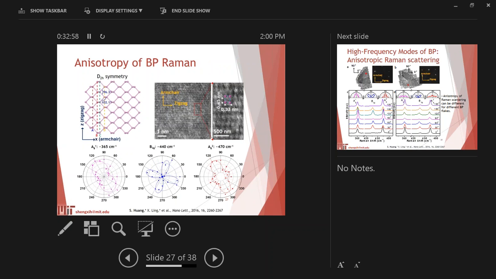We can see that black phosphorus, or BP, has 3 Raman modes. This is Ag1 and Ag2, which are both of Ag symmetry. And we also have the B2g mode, which is a different symmetry than these Ag modes. Therefore, according to our analysis before, we know that the Bg mode has a period of 90 degrees. And for these two Ag modes, they have a period of 180 degrees.